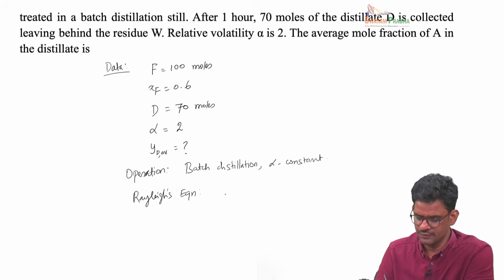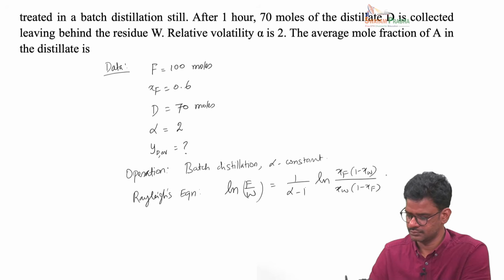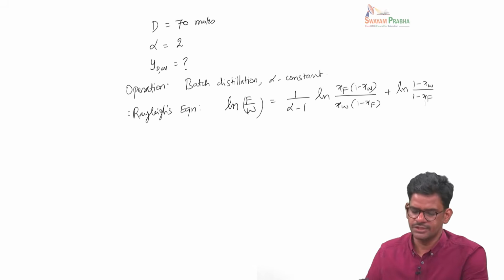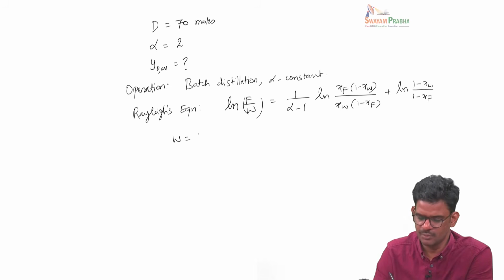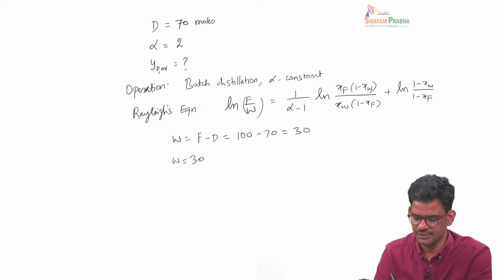the integrated form, which is ln of F by W. In this equation F is known, W is unknown, but W is something we can obtain from the overall mole balance, which is F minus D. Since we know both F and D, F is 100, D is 70, W is 30 moles.